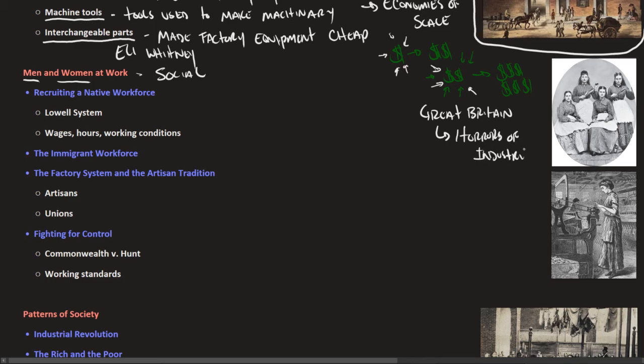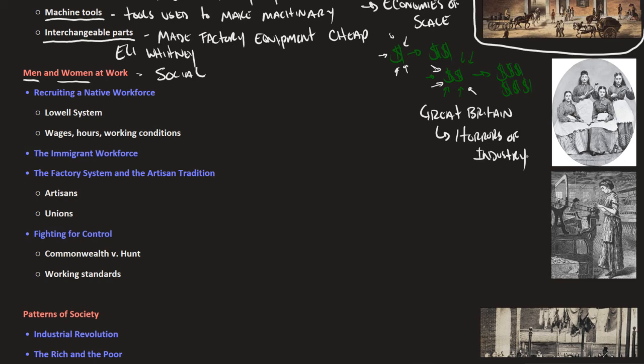People moved to these cities and these cities were unprepared to take on such a huge population, a working class that was violent, that was drunk, that was constantly in trouble, cities that were overcrowded, there was pollution and disease and unsanitary conditions.